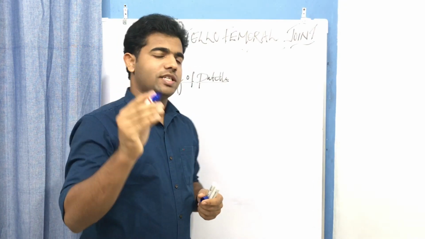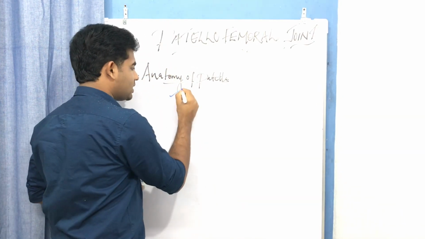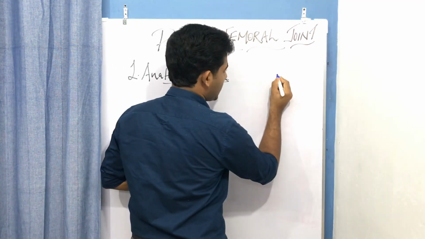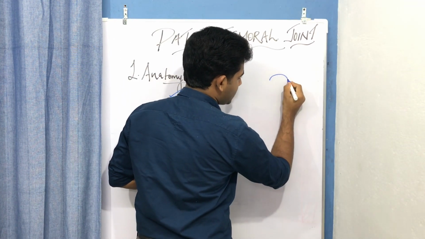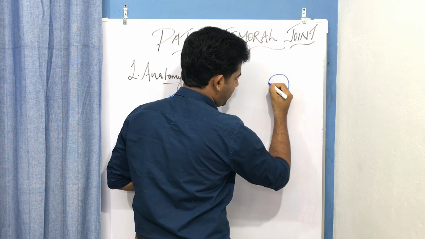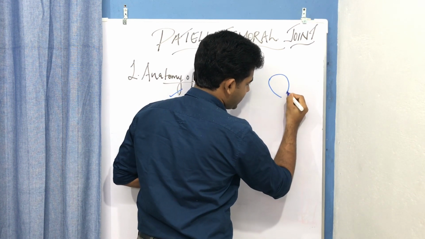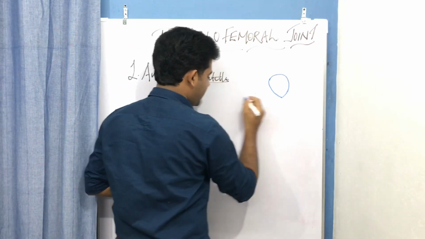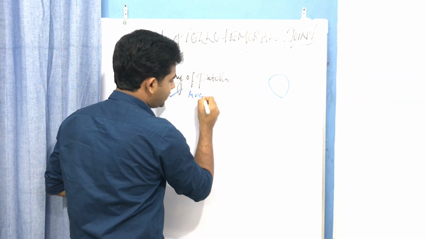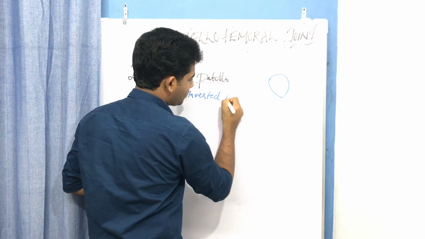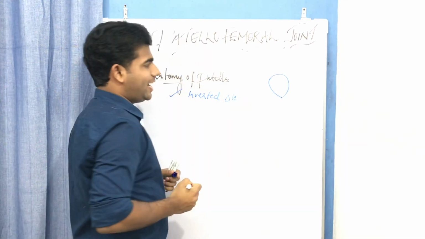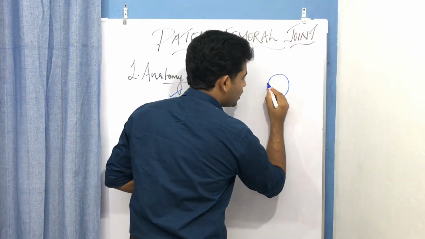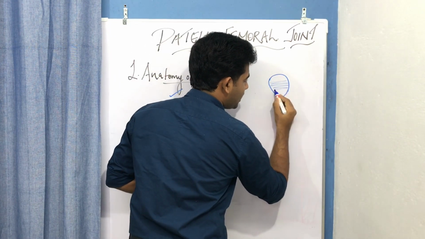And we start our discussion with the basics, that is the anatomy of patella. You know that patella is shaped like this, that is, it is an inverted triangle shaped bone, which is, of course, a flat bone.